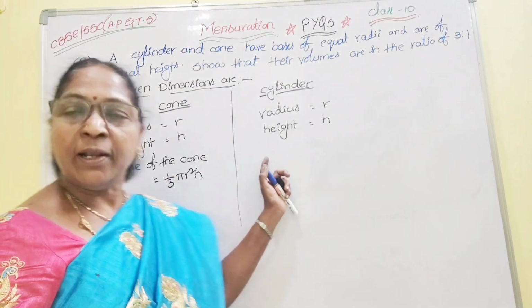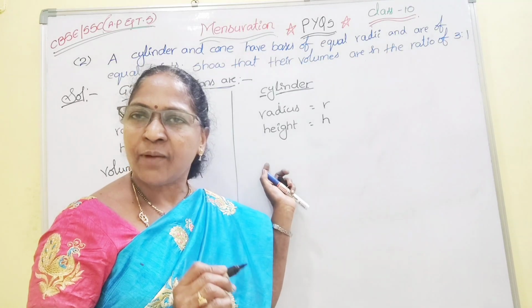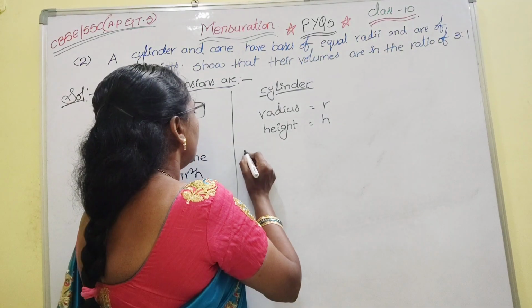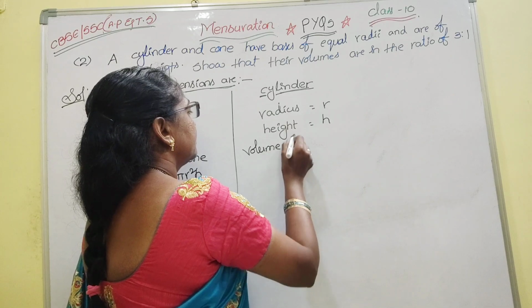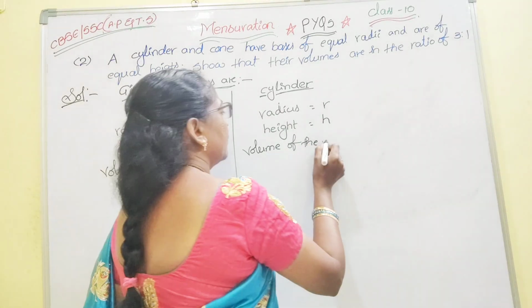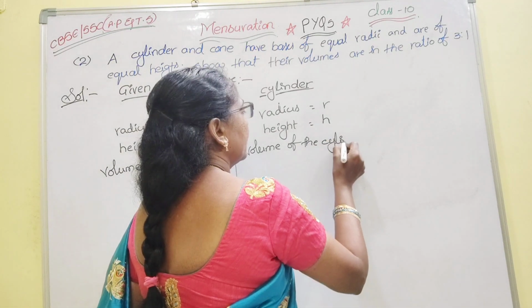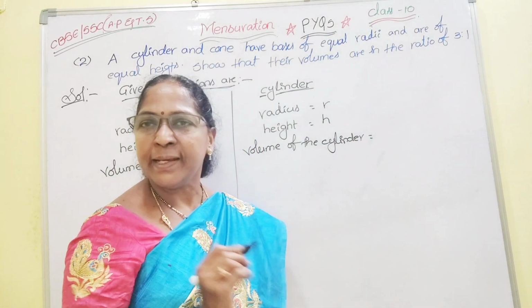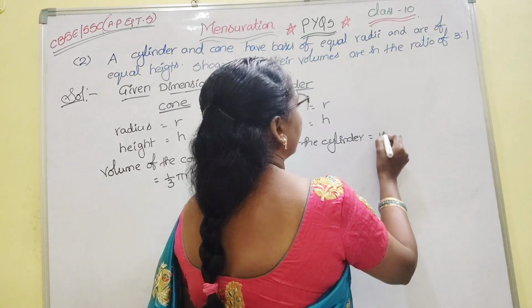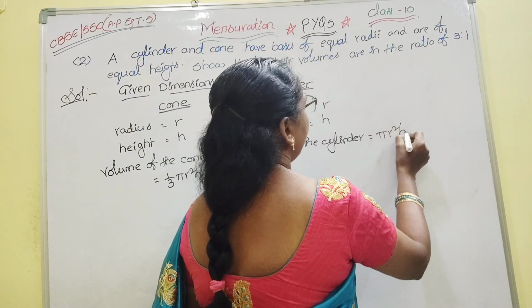Here, what is the volume of the cylinder? Volume of the cylinder equals pi r square h.